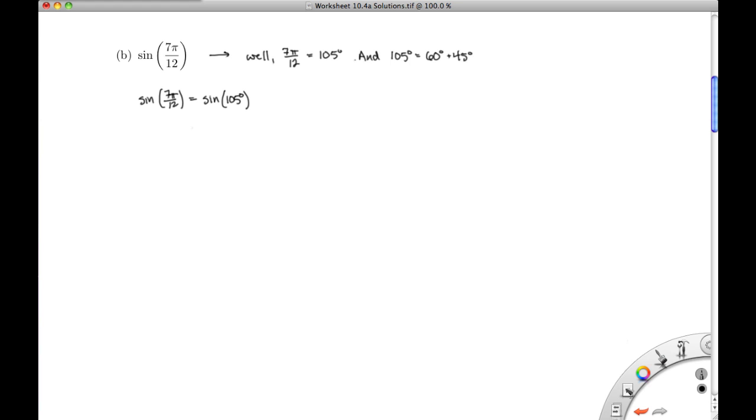More importantly, we can write this as the sine of 60 degrees plus 45 degrees. And then we'll use the sum identity for the sine, where 60 degrees represents our alpha and 45 degrees will be the beta.